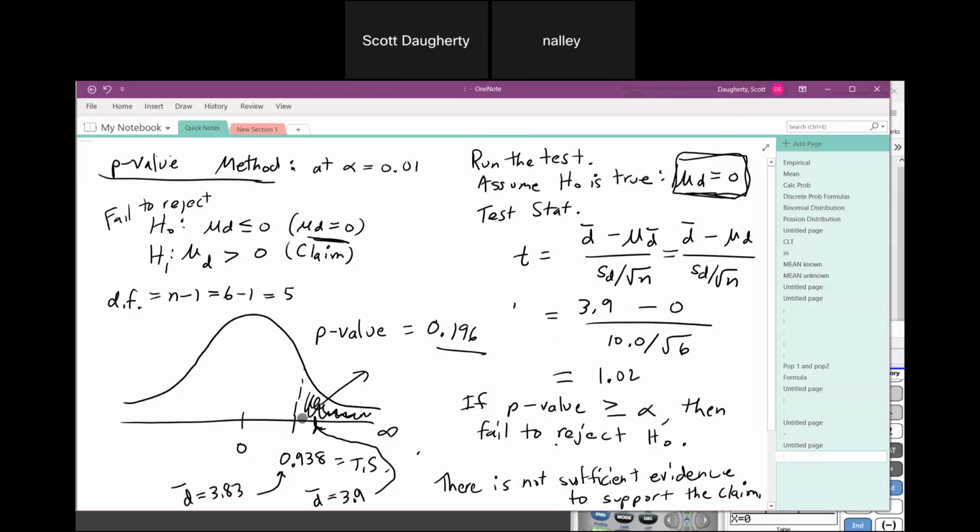So all these test statistics in here above 0.938, all these t-scores, come from d bar values that are above 3.83. And so what does this area represent? It's the probability that your test statistic would be 0.938 or bigger. That's what this represents. It's the probability of being 0.938 or larger under the assumption that mu sub d is 0.